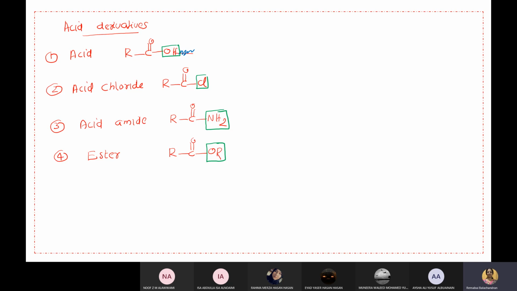One more point I want to tell you. Last semester, in the final exam, the majority of the students made these questions wrong. If I write RCOCl, they wrote chloroketone. So it's not chloroketone. If I write CH3CONH2, they wrote aminoketone.